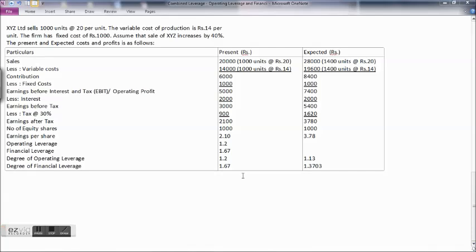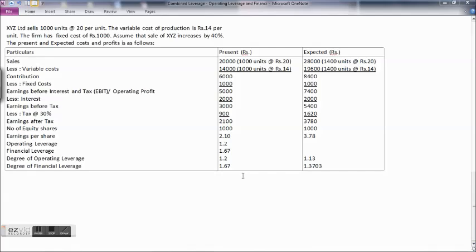So contribution is 6,000 in present case, expected is 8,400, less fixed cost 1,000, it is same. Then earning before interest and taxes or operating profit is 5,000 and expected is 7,400, less interest, again interest expense is same, that is 2,000.